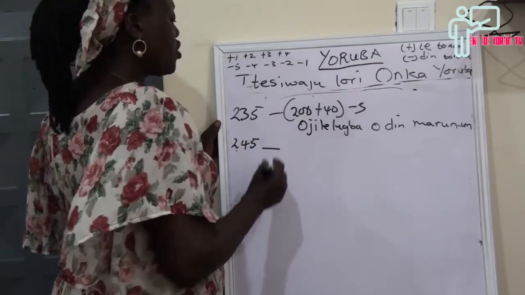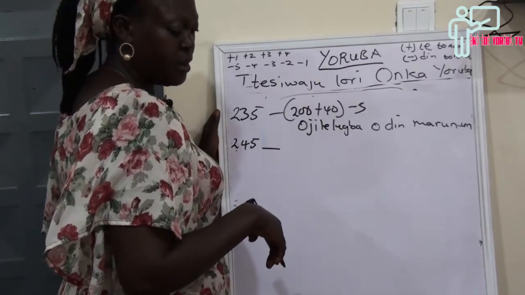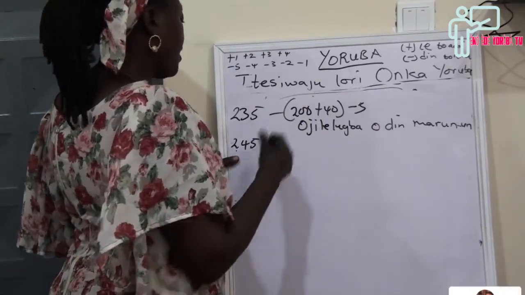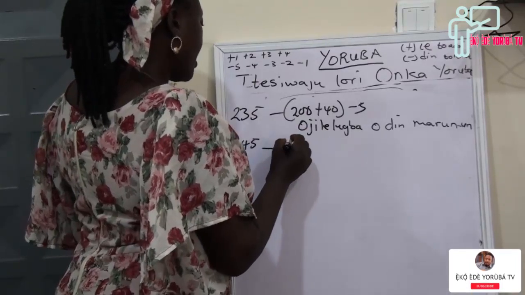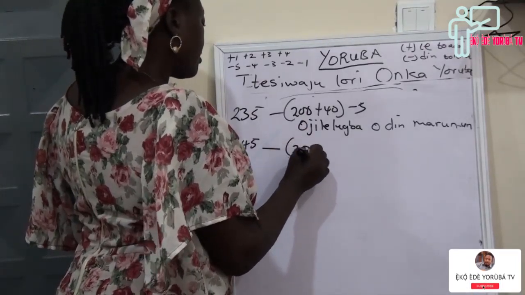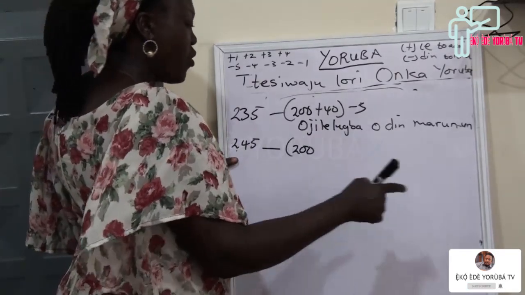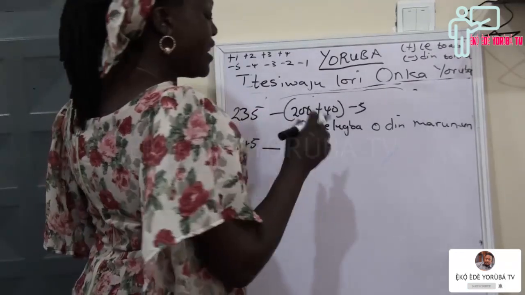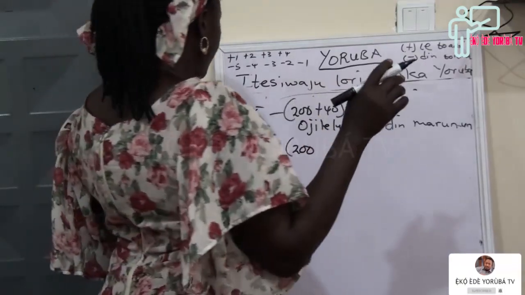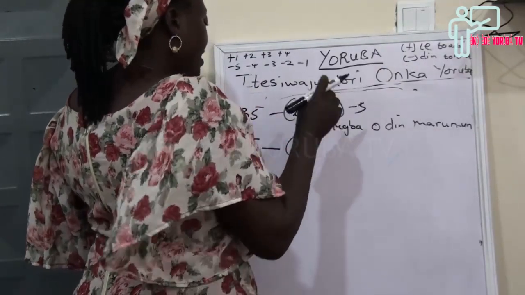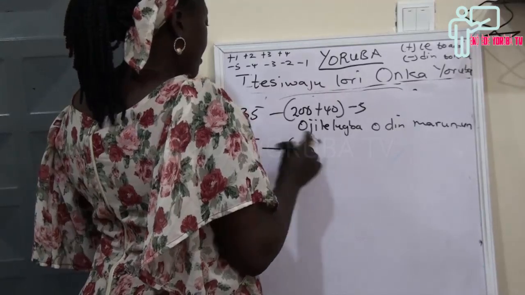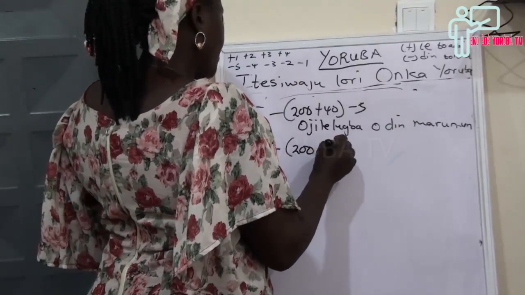So we also have 245. You also go for the whole number. 245. That is, you can say 200 plus 50. Àádọ́ta. Ìgbáléláàádọ́ta ó dín márùn-ún. Ìgbálé, this is 200 plus 50.